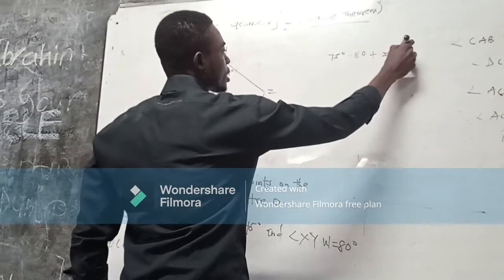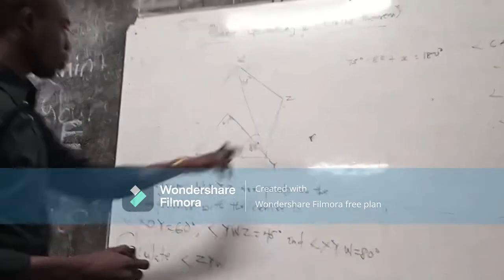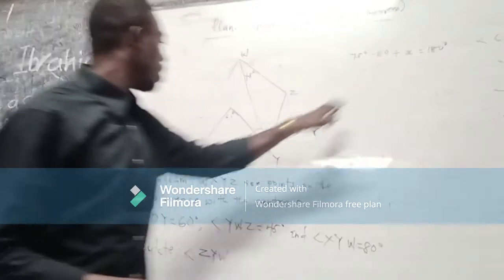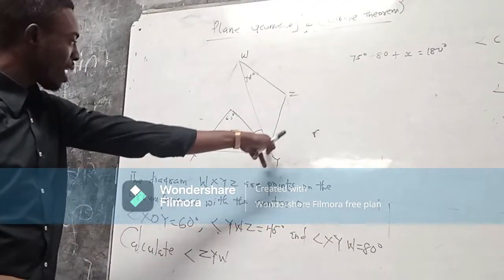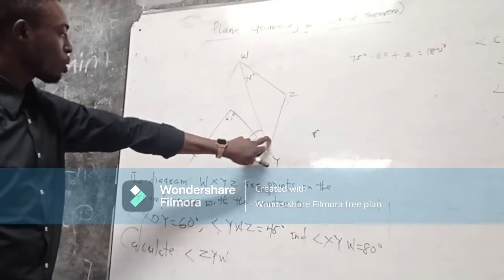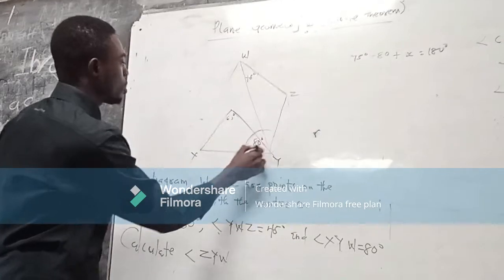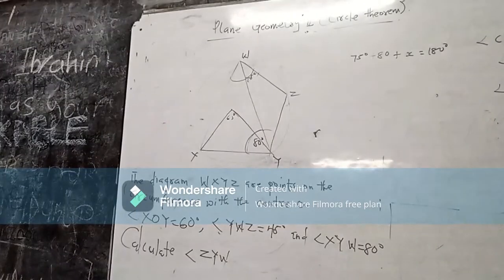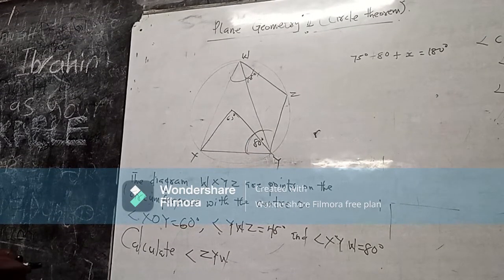Let's make this x equal to 180. This one we are just doing as a rough step. After you find that one, it is going to help you to find the angle here, because 80 plus that one should give you the value of this one. That is what we have already learned.